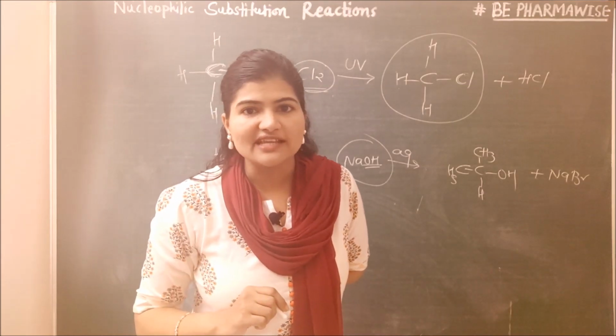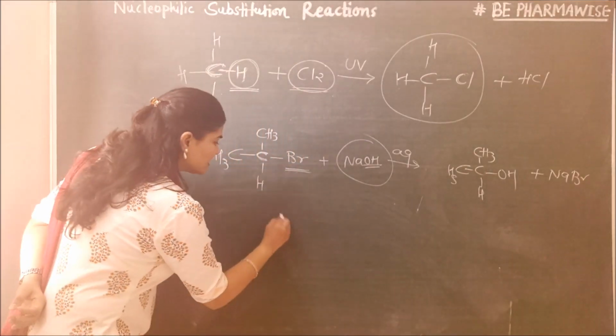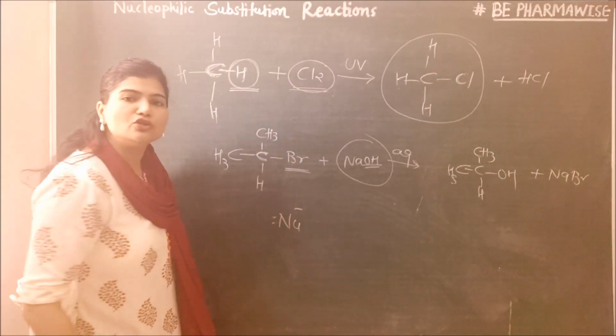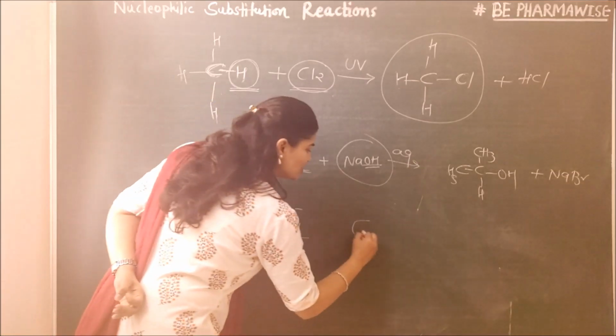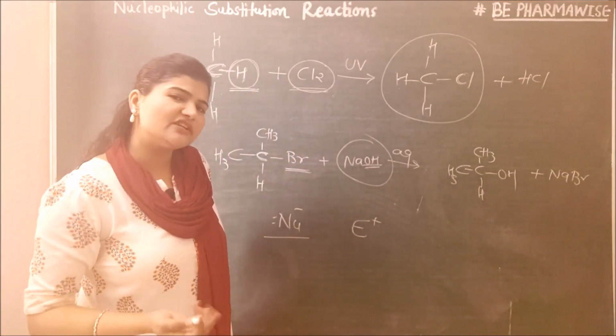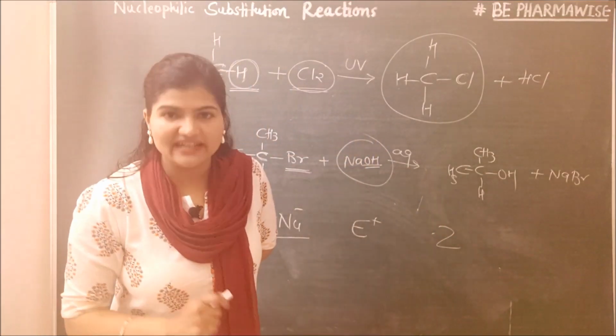Now substitution reactions can be initiated by various reagents. For example, they can be initiated by a nucleophile, which is an electron-rich species. They can be initiated by an electrophile, which is an electron-deficient species, or they can even be initiated by free radicals.